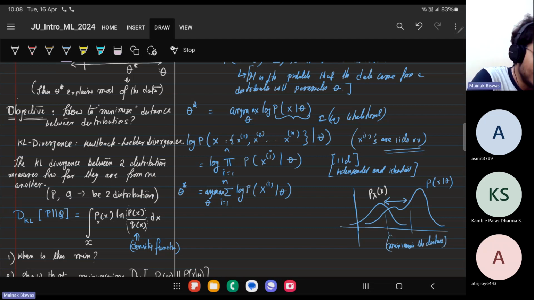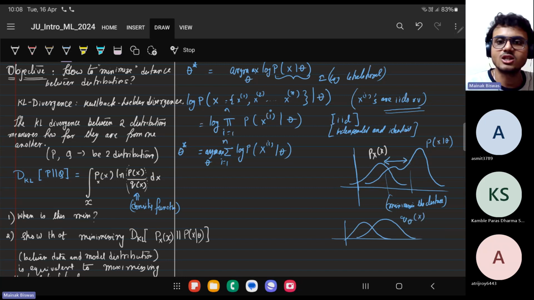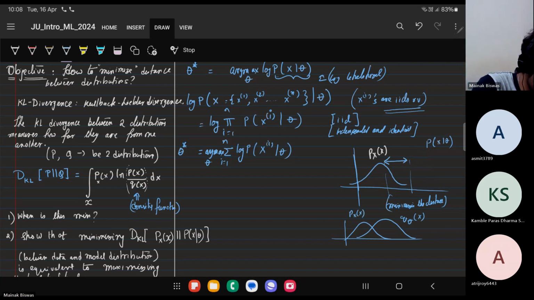So what is the idea? Say you have two distributions, P is like this and Q is like this, which you can change by using theta. You can change Q using theta. So now it is a different visualization: you learn theta such that this distance is minimized.